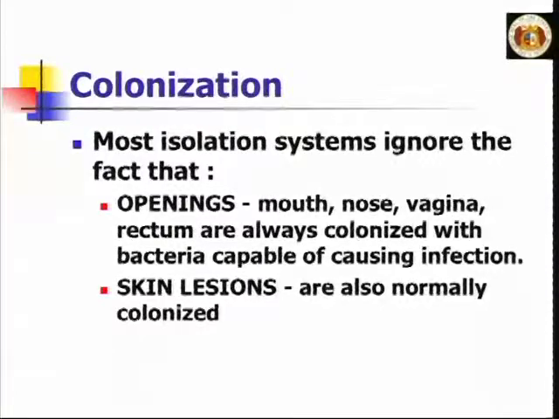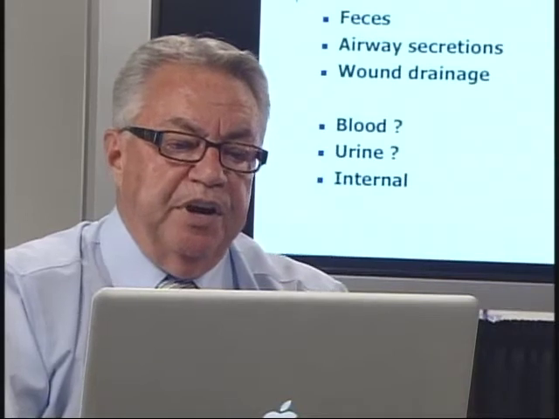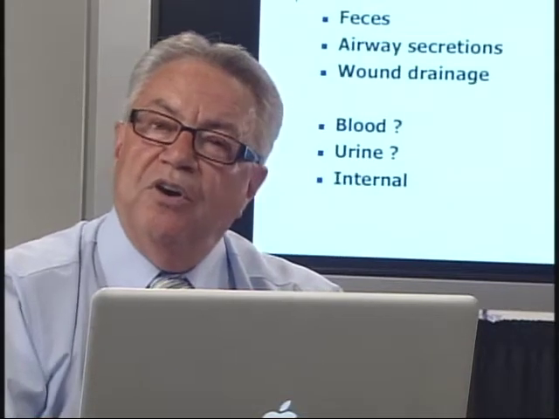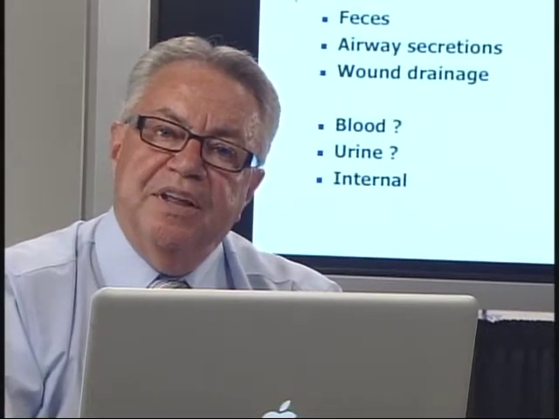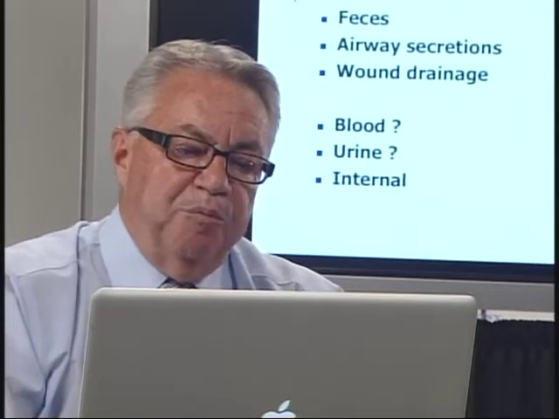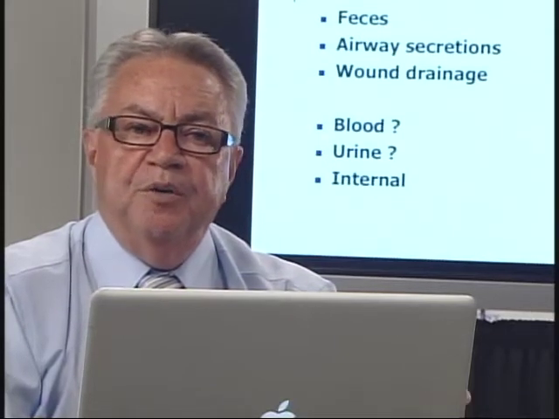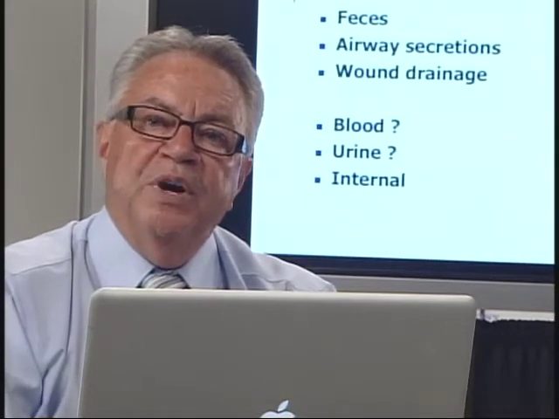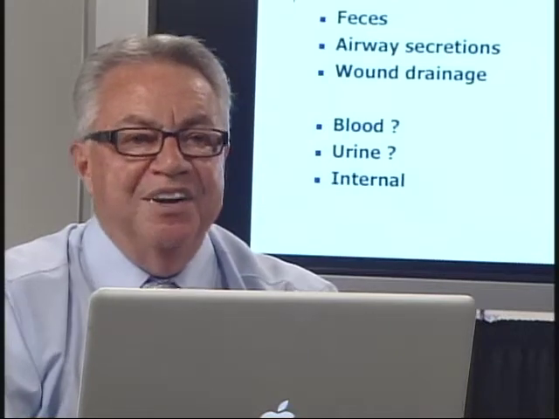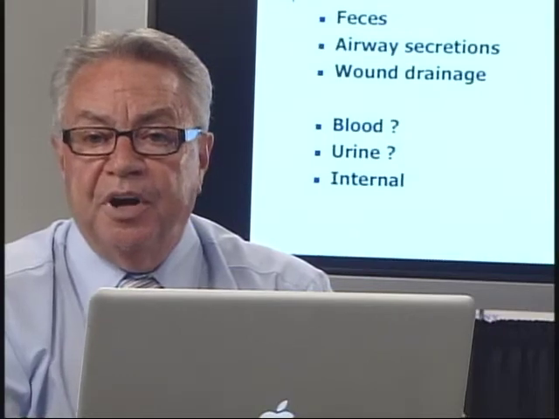Skin lesions are also normally colonized. Body fluids such as feces, airway drainage, wound drainage always contain bacteria that, if you put them somewhere else, may cause disease. Blood, urine, and internal fluids are almost always sterile, so very seldom are they considered a problem. However, we never know when they are and when they're not.